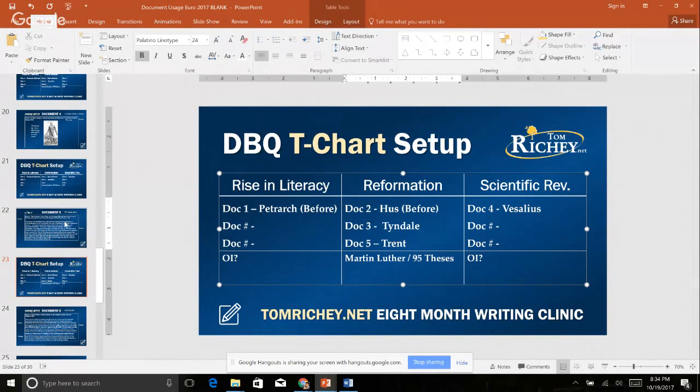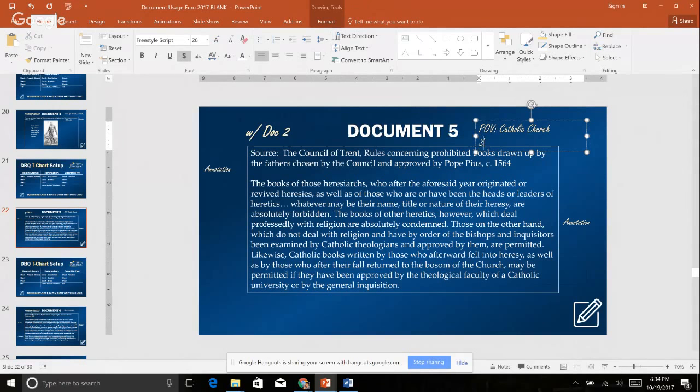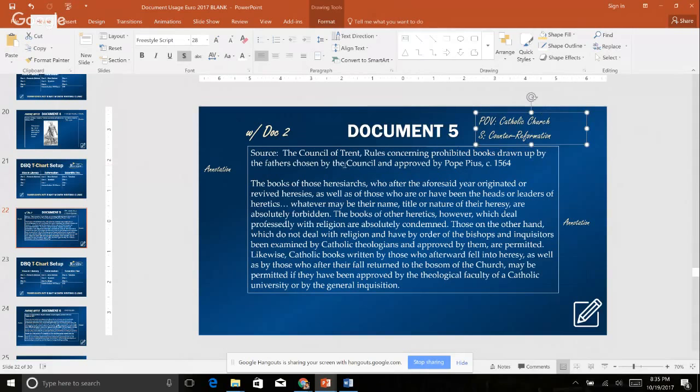And so when we look at the Council of Trent, we see the POV, the Catholic Church, and the situation here is the Counter-Reformation. And once again, we'll talk about how to effectively use this information later on.